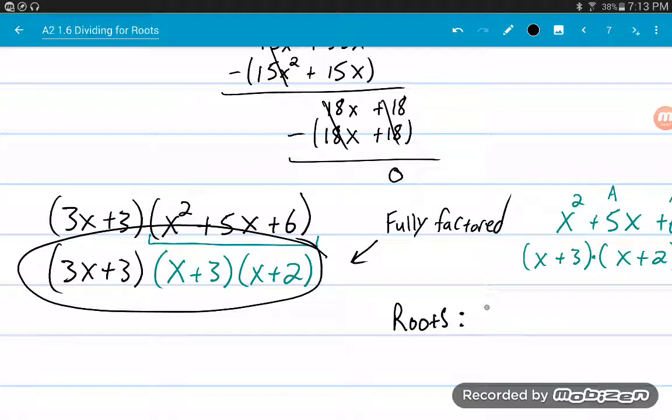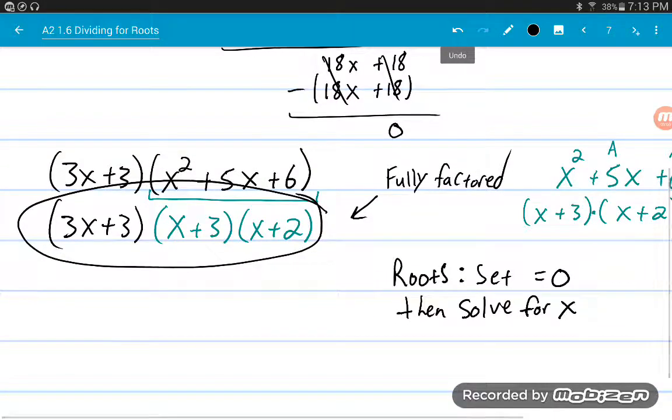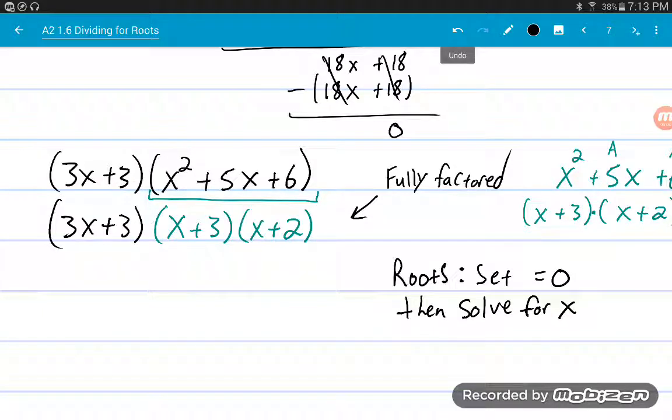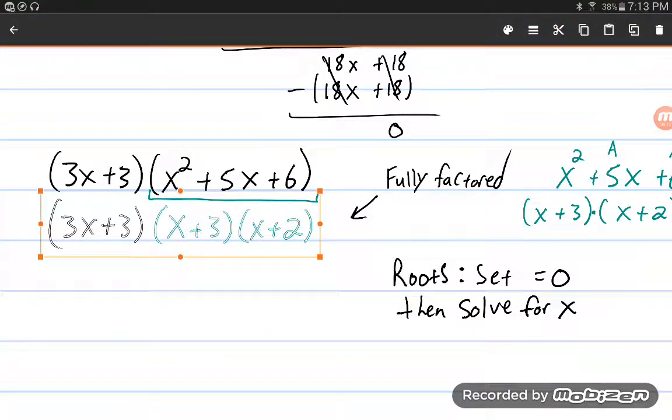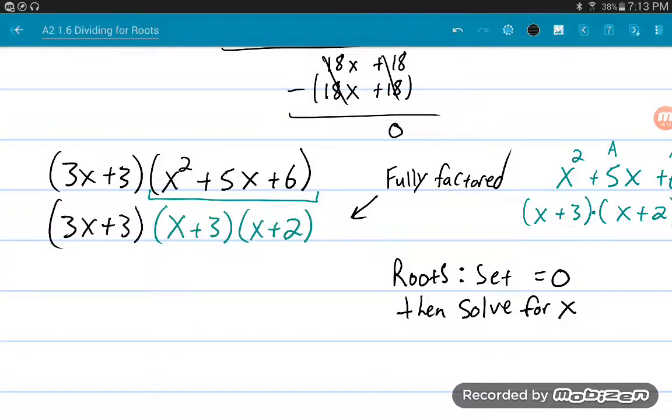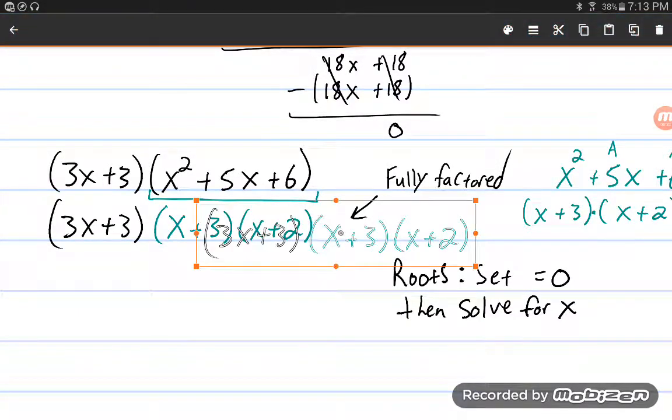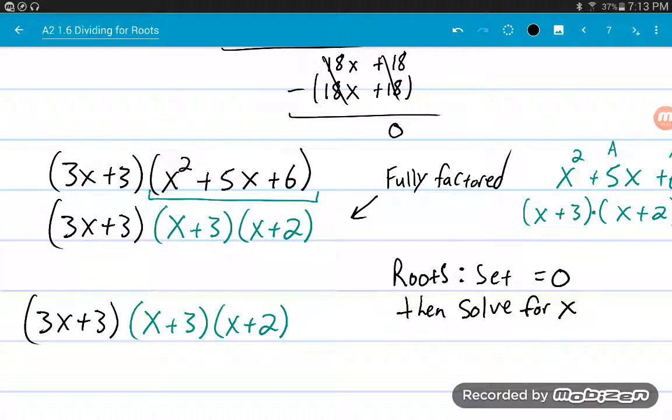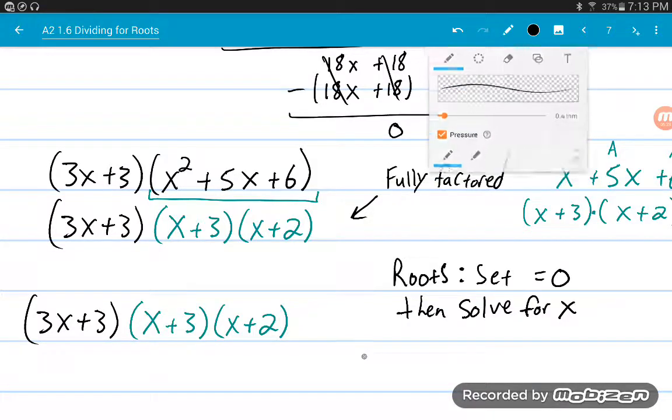Roots means we have to set it equal to 0. Then solve for x. So we're going to take this fully factored polynomial here, make a copy of it, and paste it so I have another one to work with. And this is going to be equal to 0.